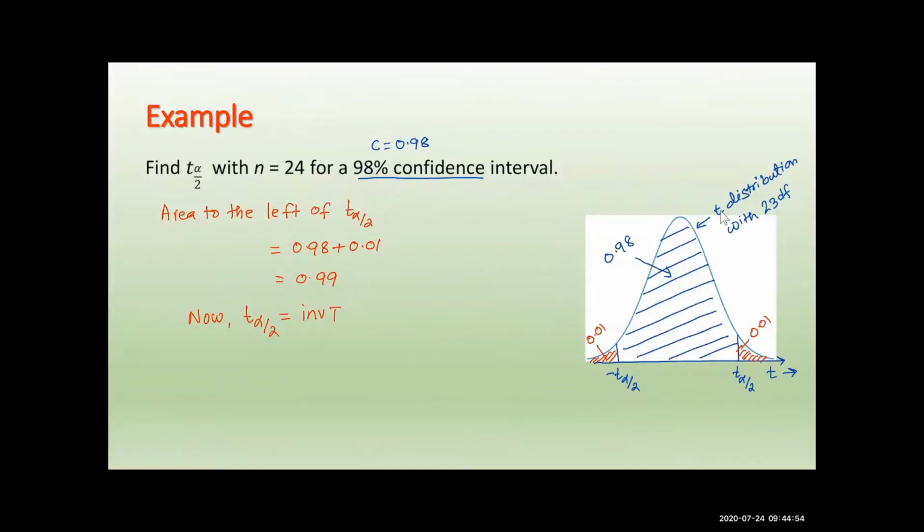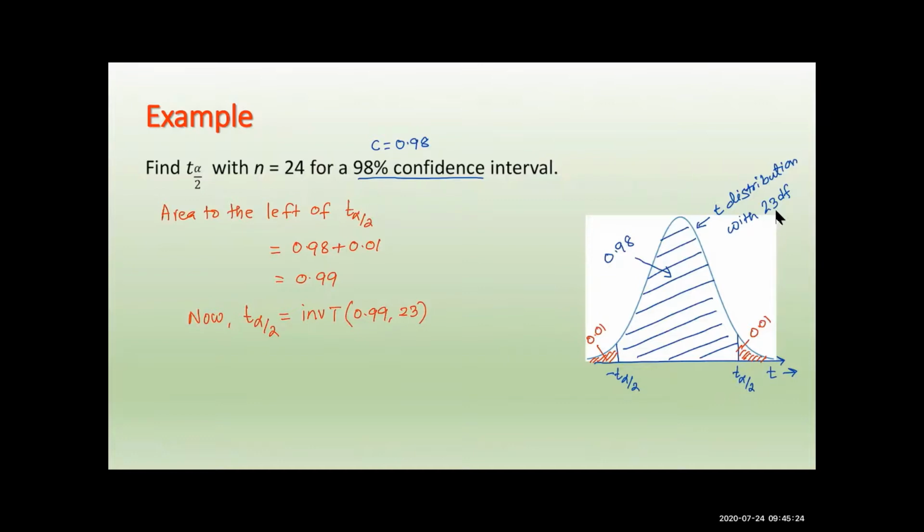But here it's a T distribution, so you have to use inverse T. The first thing you write is the area to the left of that. From here all the way to the left end, the area is 0.99. And then you need to write the degree of freedom. n equal to 24, the degree of freedom is 23. This is what you have to write.